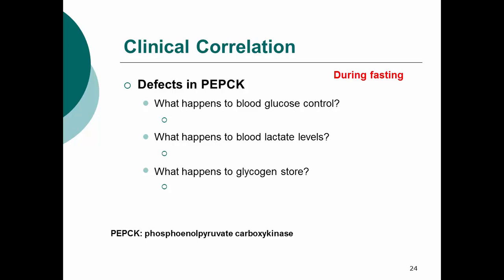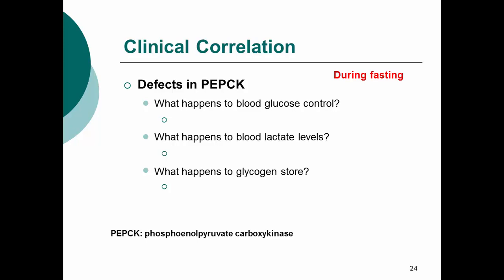In the mitochondria. So if a patient has a mutation or whatever reason that causes lower PEPCK production, what would you expect to happen to blood glucose control during fasting? If the patient doesn't have enough PEPCK, what will happen to their blood glucose level during fasting?